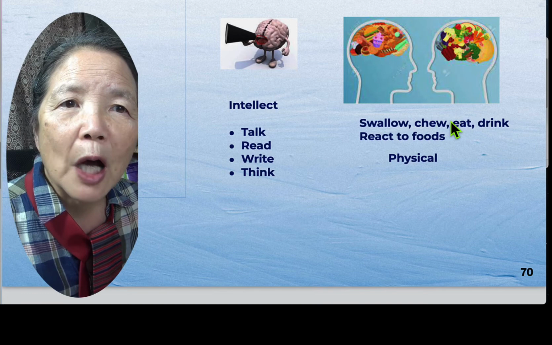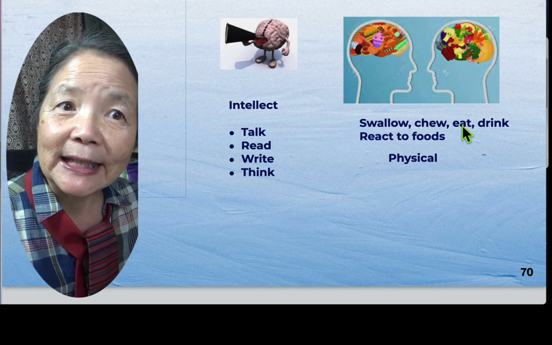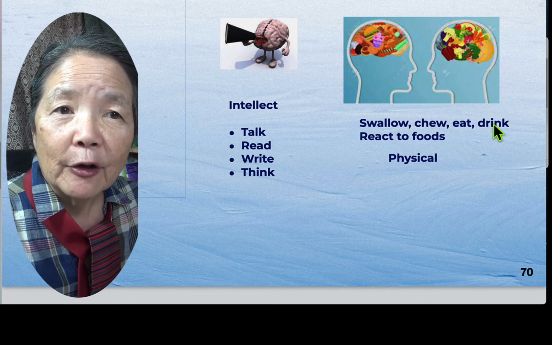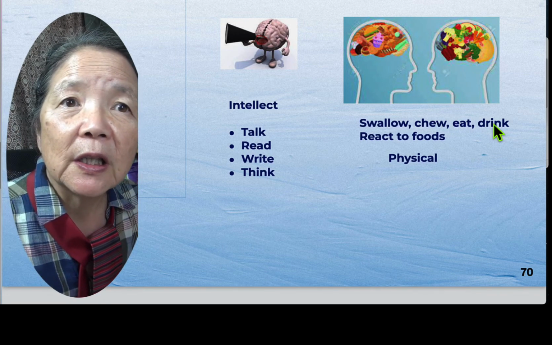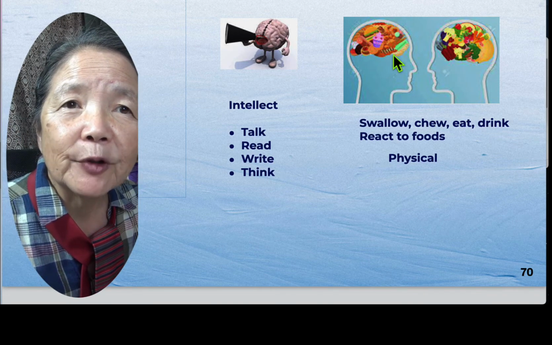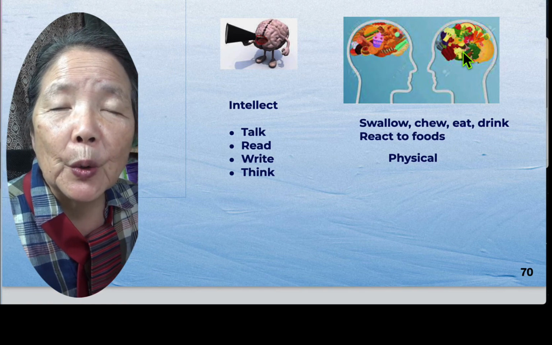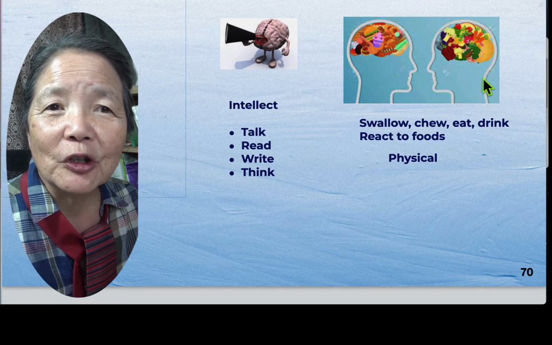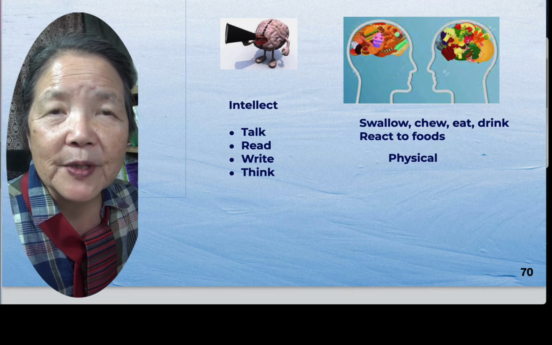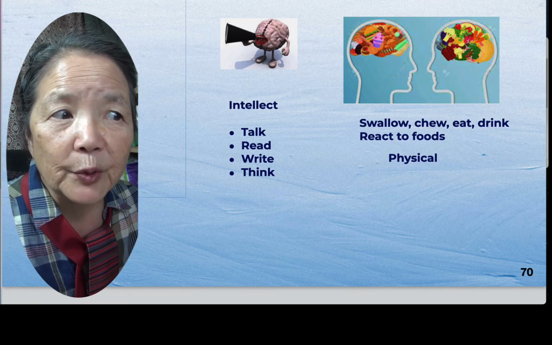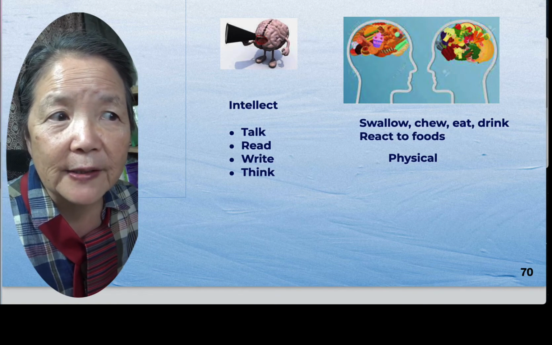But swallowing and chewing, and eating and drinking, reactions to food, these are all physical. Some of your reactions to food might be emotional, but people will generally talk about them in terms of some kind of physical reactions, allergies, that sort of thing.